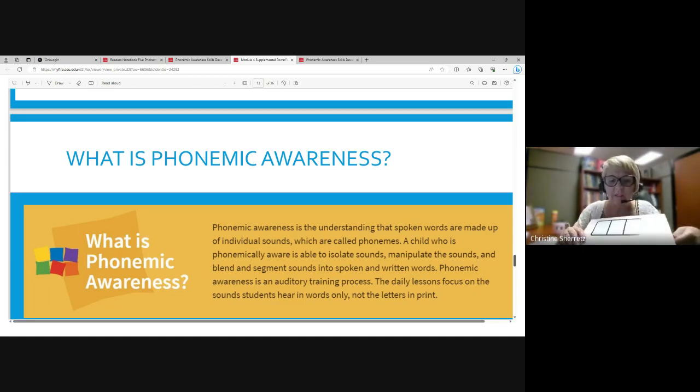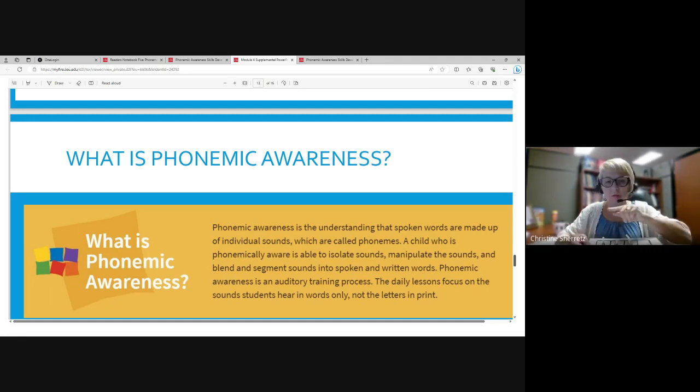Let's say you were going to say the word bat. What I would have the kids do is tap the sounds. So let's tap the sounds for bat. B, a, t. Tap it again. B, a, t. And then the kids are going to put a marker down for the different phonemes.